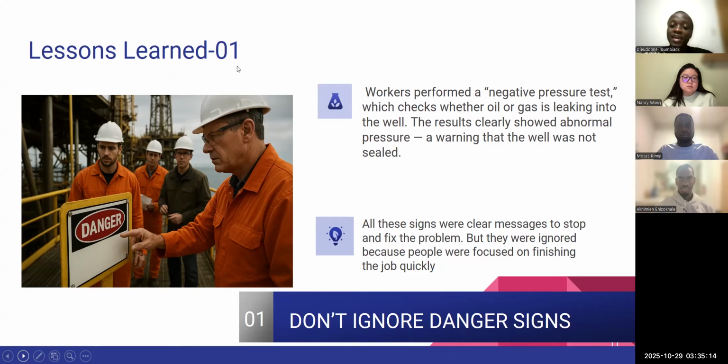So they had trust in their experience, and the tests were clearly showing abnormal results and warnings, but yet they chose to ignore the signs. So one of the lessons for engineers is to always pay attention to any sign of danger, and always make sure that the data and every test is performed correctly and not ignored.